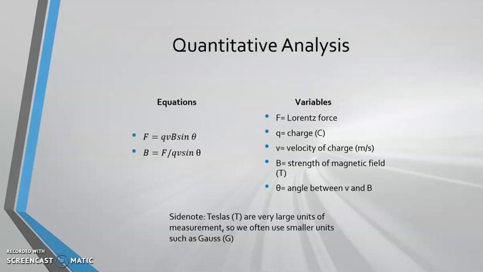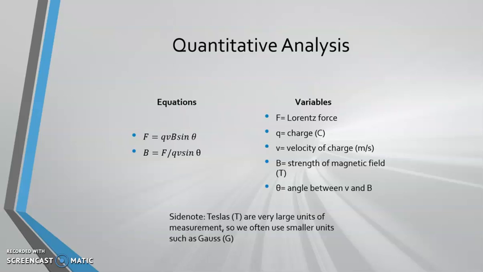So keep that in consideration as you're solving problems, because they can use different units of measurement, such as a Gauss, because it's smaller. And then theta will just be the angle between your V and your B, your velocity and the strength of your magnetic field. Now with all that, we can find the Lorentz force.